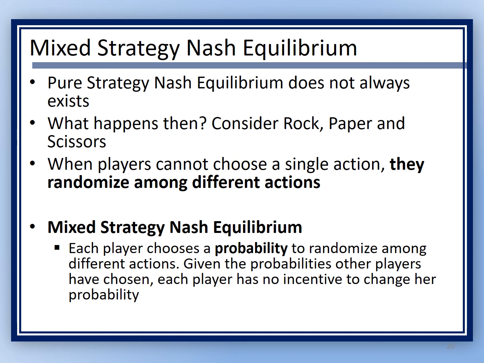I choose the probability distribution of what I am going to do. Given your probability, I don't want to change. Given my probability, you don't want to change. It's stable because we don't change the distribution of what we're going to do. Conceptually, it sounds a bit different, but mathematically, it's not too different, right? You're still choosing something that's stable.